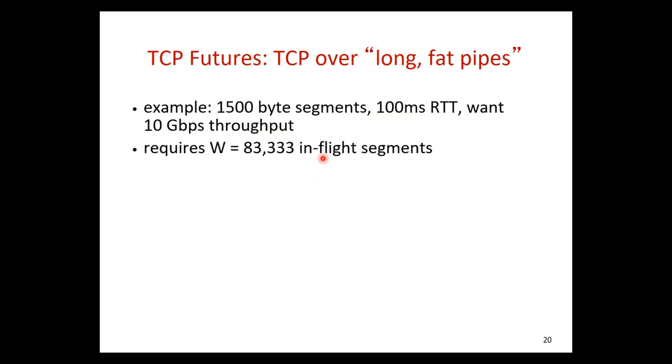In other words, how big must our window be? How many segments must we have in the window? Because we know that a larger window can help to maintain a higher throughput.